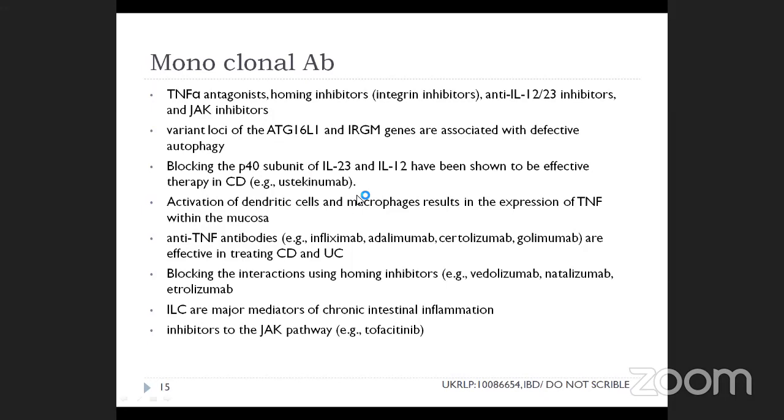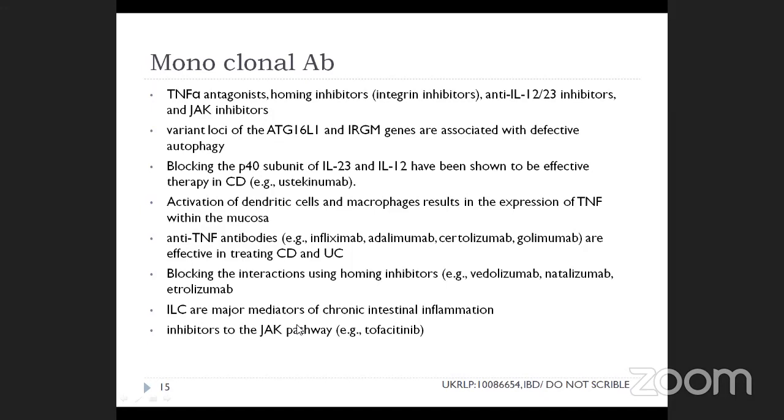The most commonly used monoclonal antibodies in practice are infliximab and adalimumab, and these are helpful for the maintenance therapy of the inflammatory bowel diseases.